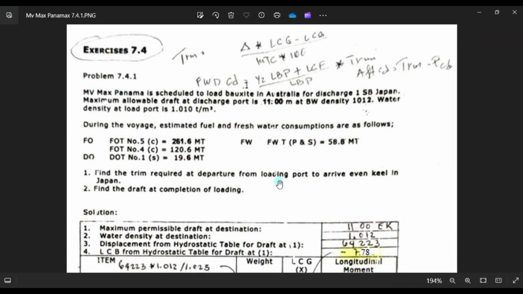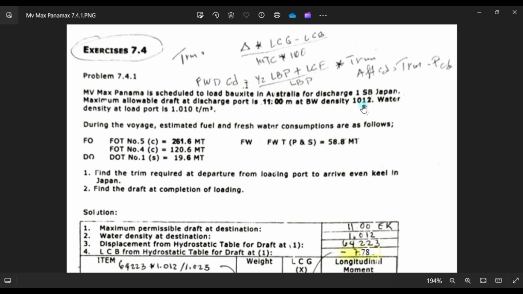This is now the problem or the situation. So we are going to load bauxite in Australia and it will be discharged in Japan. And the maximum draft on arrival in Japan will be 11 meters, at brackish water of a density of 1.012.